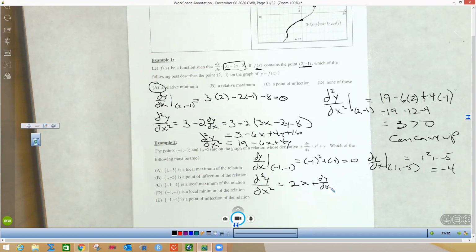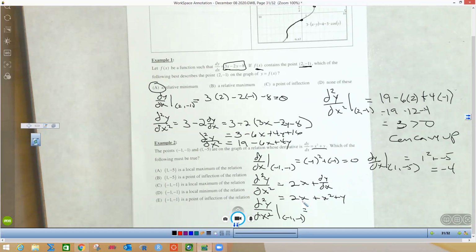And again, we don't want dy/dx in here, so we're going to substitute this value back in for that. So it's going to be 2x plus x squared plus y.